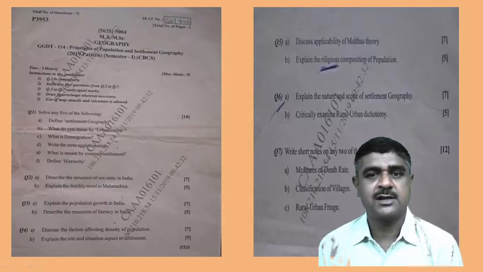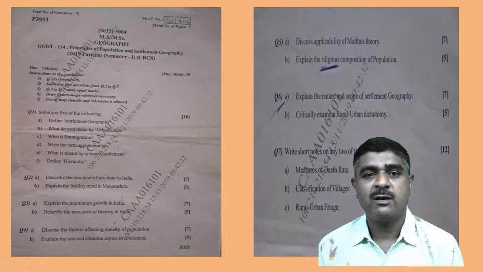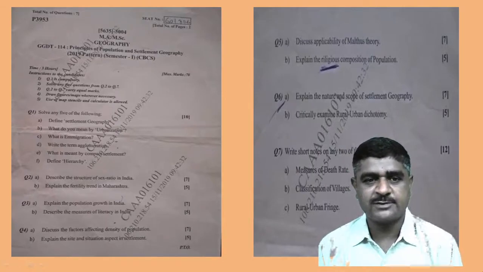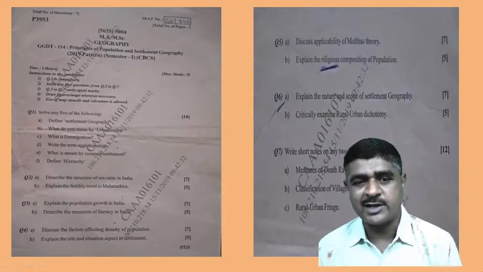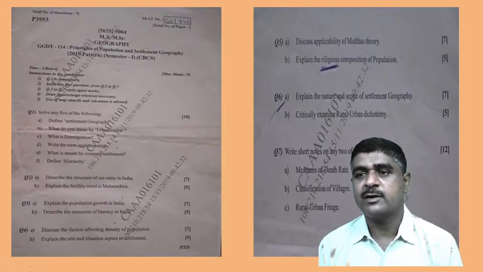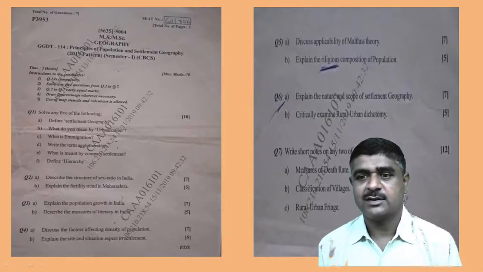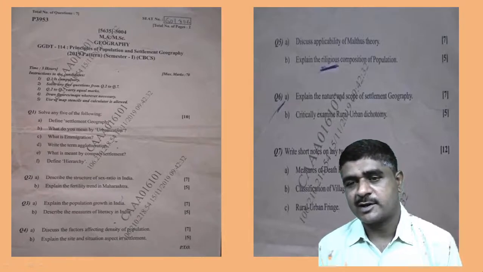This is the question paper you have for your first semester for Principles of Population and Settlement Geography. In question 1 you will give the answers in 20 words. In questions 2, 3, 4, 5, 6, you give the answer in more than 60 words. Then question number 7 is the short note, where 3 questions are there.